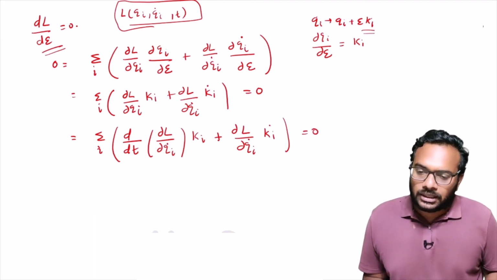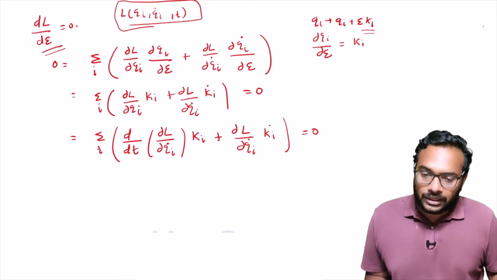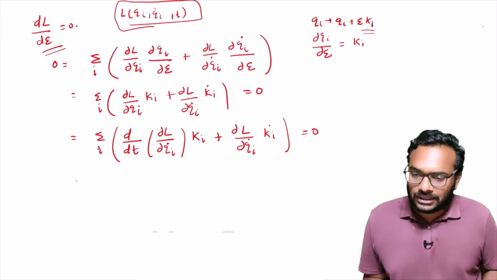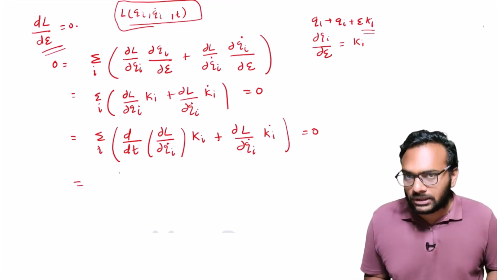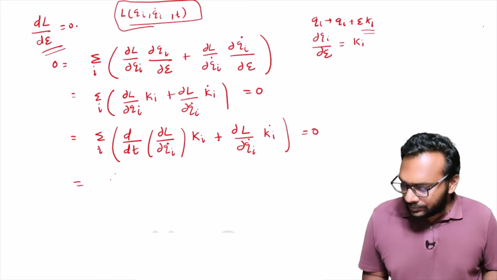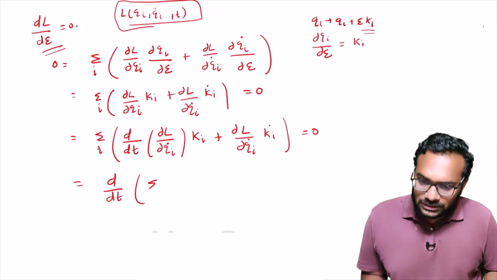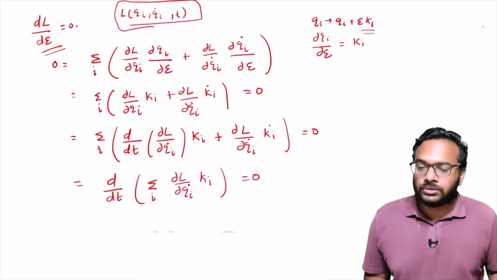Now what do we have here? You see that we can write this as a total derivative, because you have d/dt of ∂L/∂qi dot and ∂L/∂qi dot ki dot. We can write it using the product rule, and we'll simply write it as d/dt of the summation over i of ∂L/∂qi dot ki, is equal to 0.